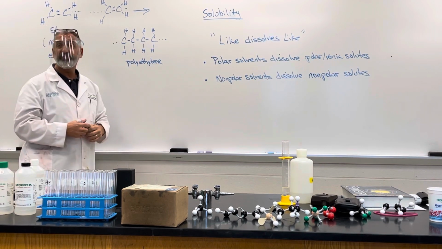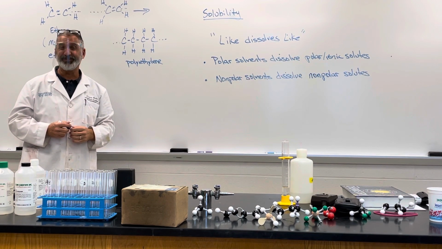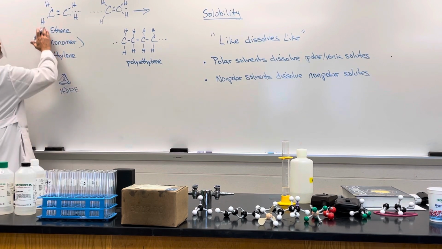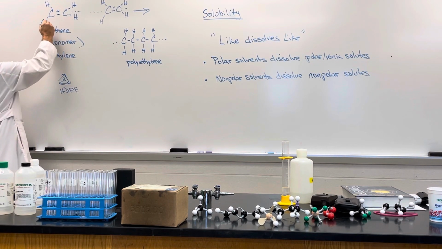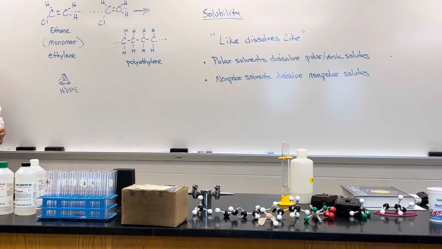Now, have you ever heard of a PVC pipe? Does anybody know what PVC stands for? Okay, it's polyvinyl chloride. All they do is substitute in on the monomer, they substitute in the chlorine for one hydrogen. So this is ethylene chloride, okay?